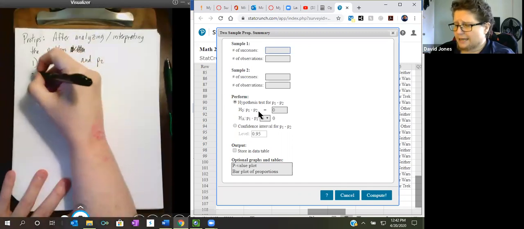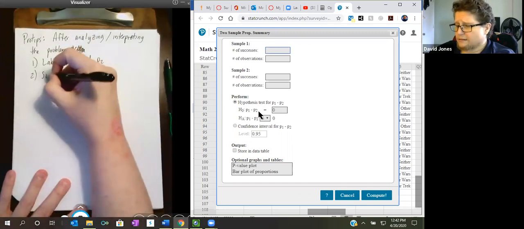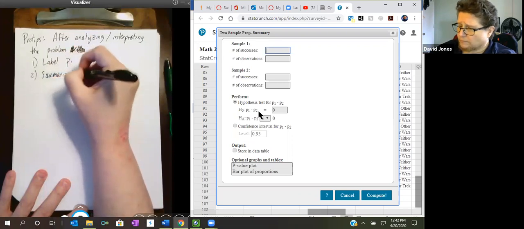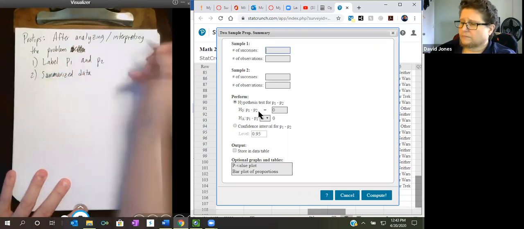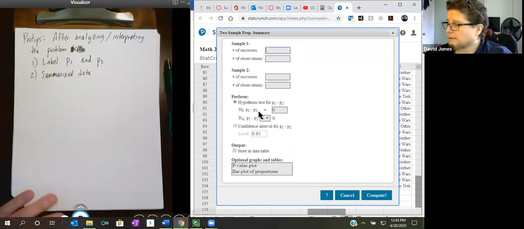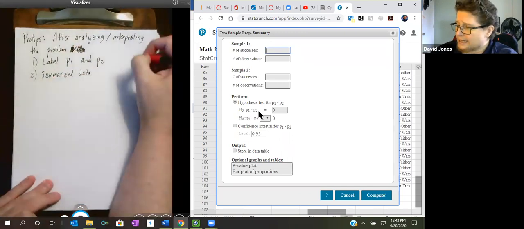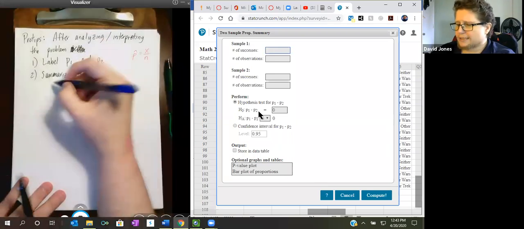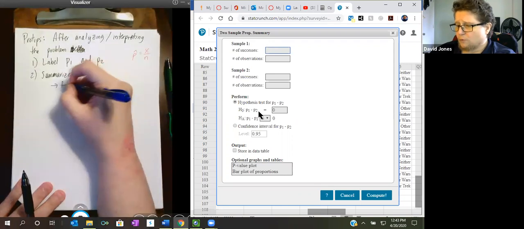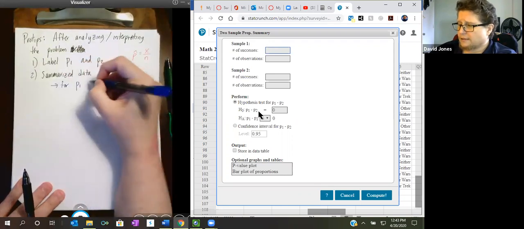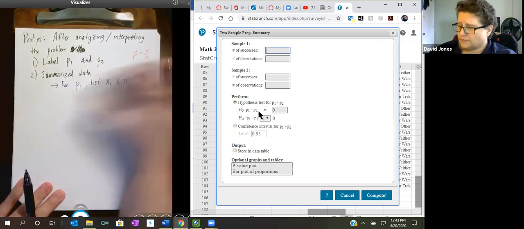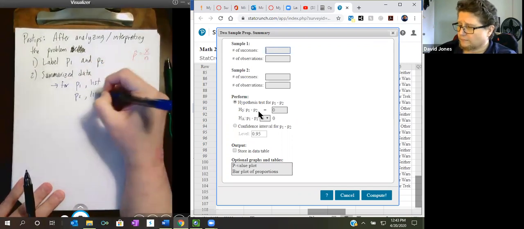If it's summarized data, remember P hat is X over N. So you might want to jot down for P1, list X1 and N1, and same thing for P2.